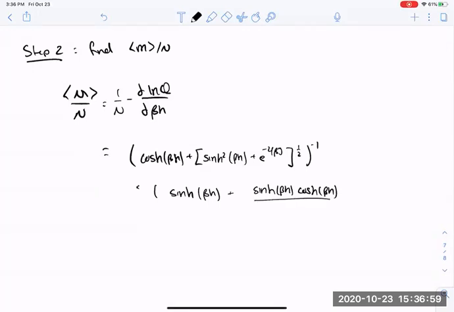Then I pull down the square root, giving me back sine squared plus this factor, all in the square root.